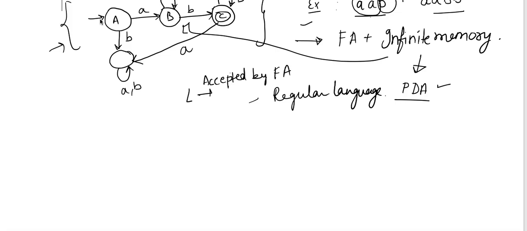So the first one is the regular language. If you want to check an example, that is a power n such that n is greater than or equal to 1.